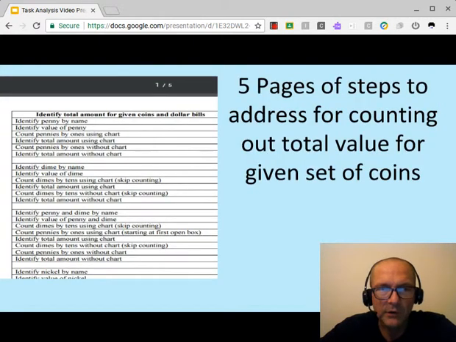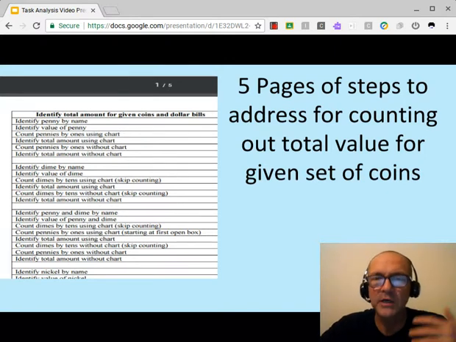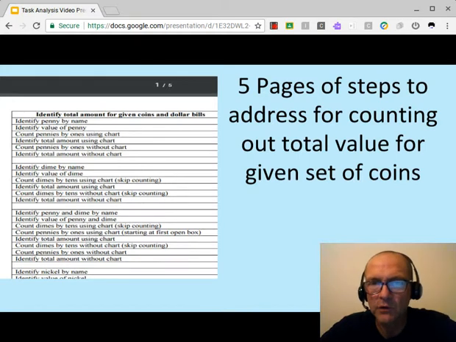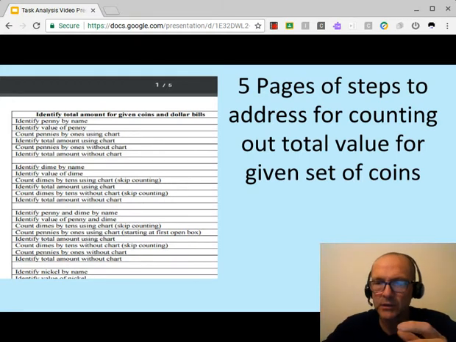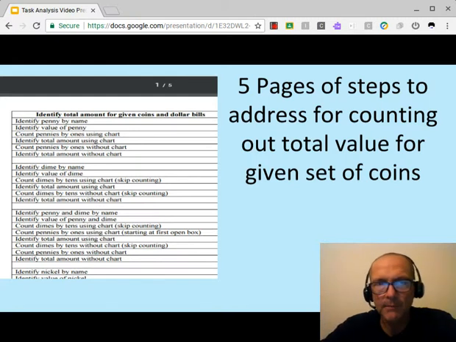So I took that into account and came up with literally 5 pages of steps to follow in order to teach a student how to count out the total value, because as you add additional coins, things can get confusing. I'm going to have this available for you on the website, and you can ask me follow-up questions, even if you're not teaching this particular objective or addressing this topic. Let me know, and I'm happy to share with you what I have.